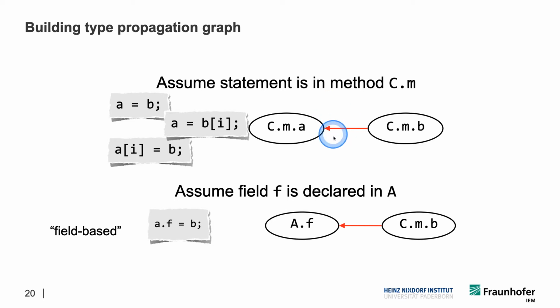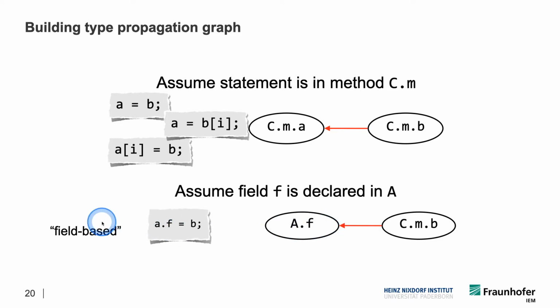Also, what's important is if we assume that F is a field declared in a type A, so that means small a here is actually of type large A, then we will see an assignment edge from this value here, so from B, not to little a dot f, but to large a dot f, right? So the assignment goes to the type or the field, annotated to the type, and not the actual variable that's holding it.